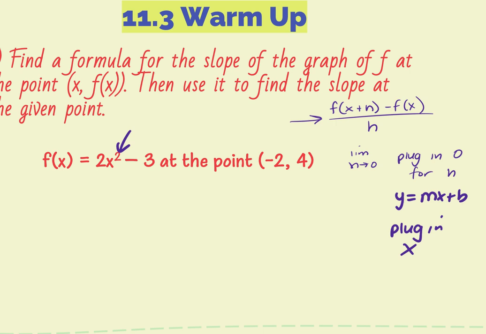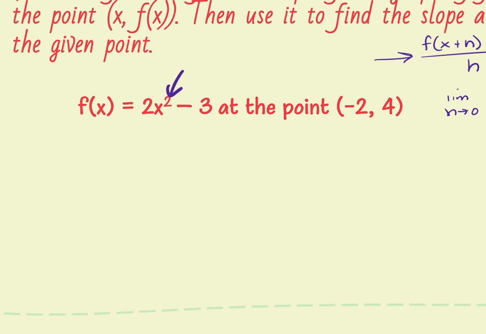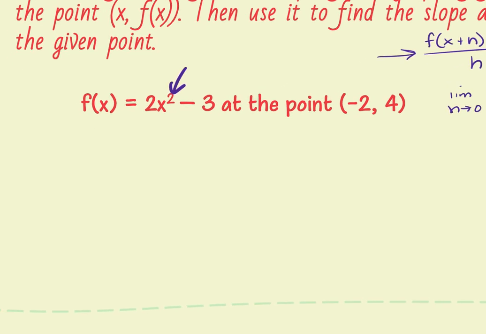But the first step is the difference quotient. So I'm going to find f of x plus h minus f of x. f of x plus h means I'm plugging x plus h into all the x values. There's only one x value this time, but if there were more x values, I'd plug them all in. So I'd get 2 times x plus h squared minus 3.